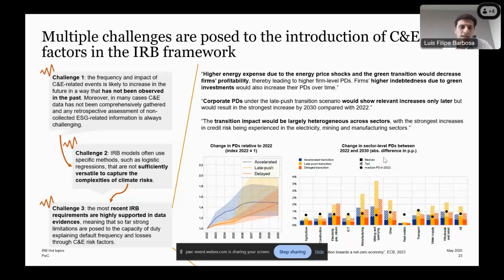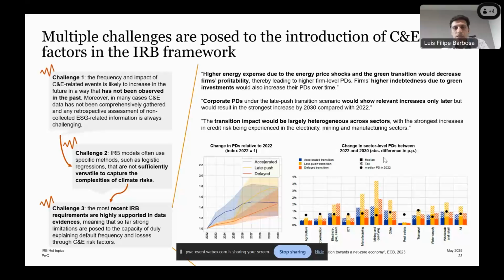If we have a more delayed scenario, we will not have to pay the costs and fund all the required investments immediately, but later on we will have to support the consequences.